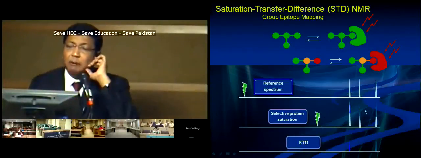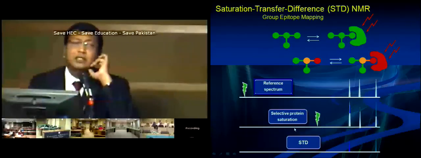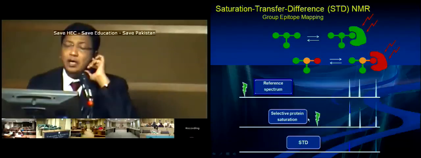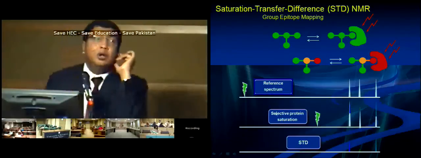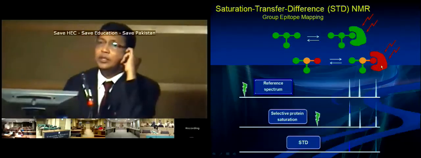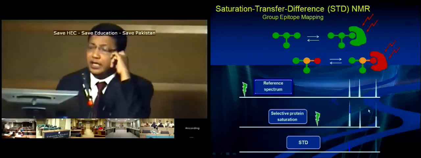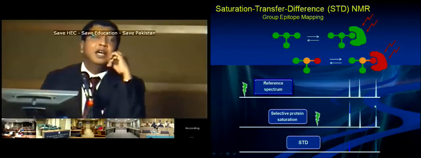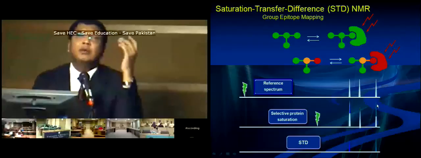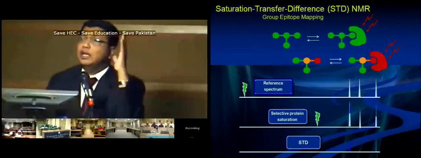This is a control experiment in which irradiation was done nowhere, and this is an experiment in which saturation was carried out on the protein. And when the saturation was carried out on the protein, then you had this phenomenon of saturation transfer. And when there is saturation transfer, the intensity increases. And the intensity increases because of what? NOE, W2, W0, please kindly remember, right?